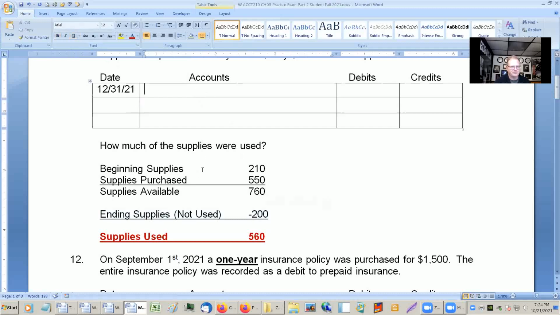So what would the journal entry be? Supplies expense. Yep. That would be debit for 560. And supplies asset reduced, 560, credits.